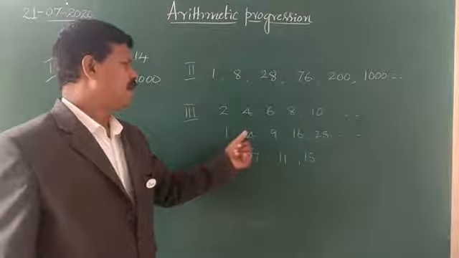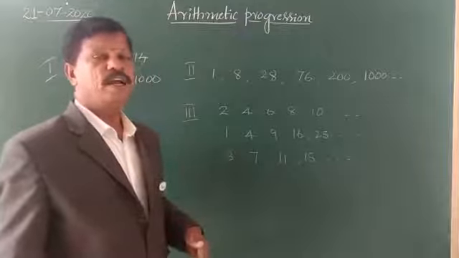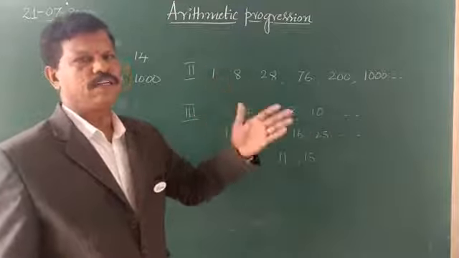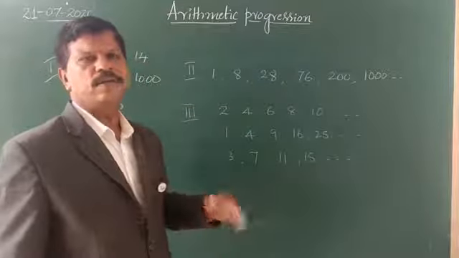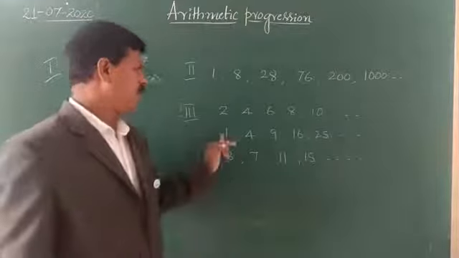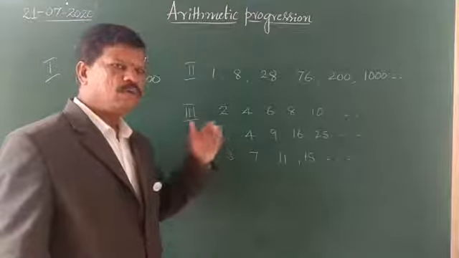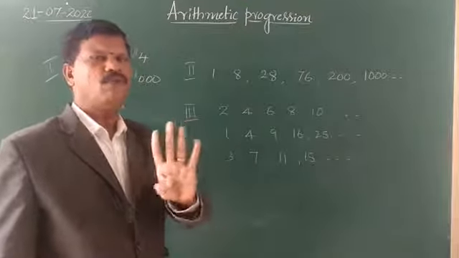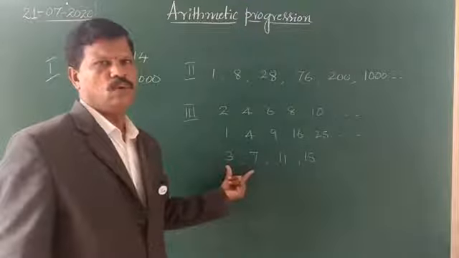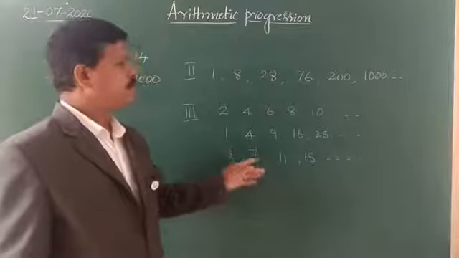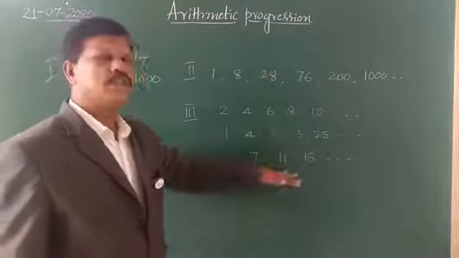In this one, squares of natural numbers are written: 1 square, 2 square, 3 square, 4 square, 5 square, that is n square, where n is a natural number. And here the rule is that the next number is increased by 4. Like this, you can write so many rules. Clear?